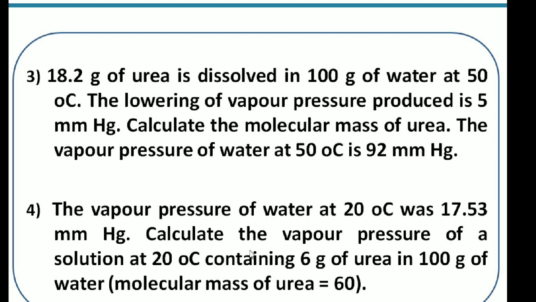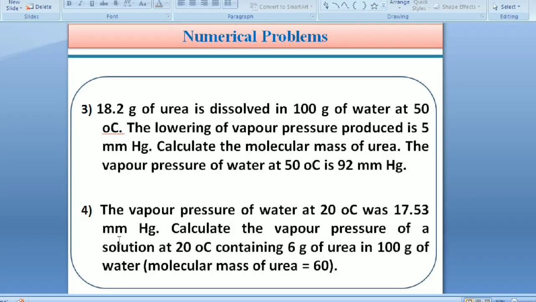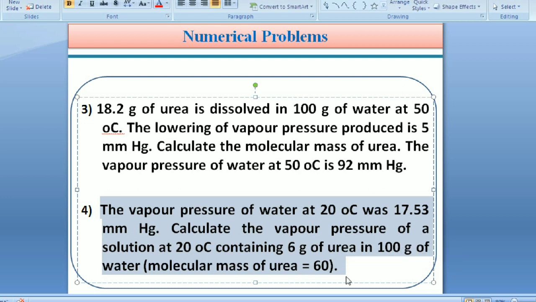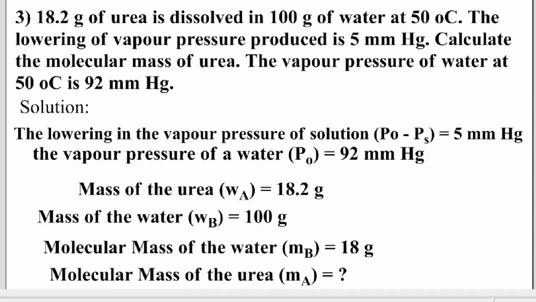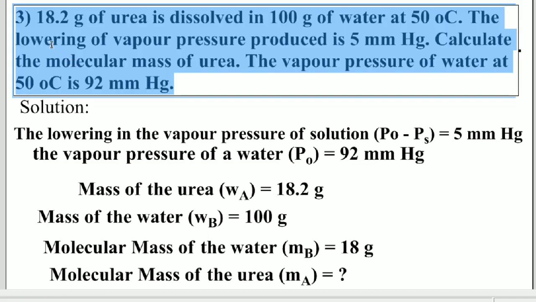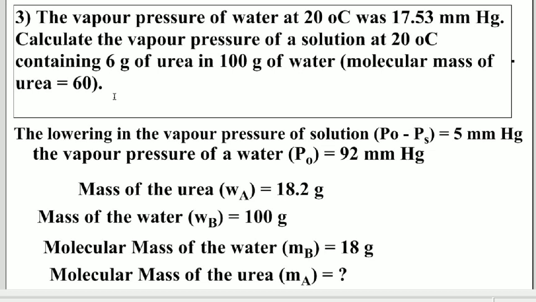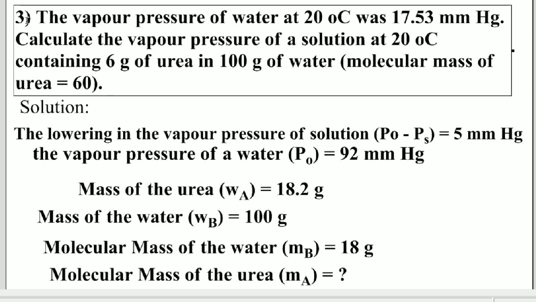So we should find the vapor pressure of the solution, that is Ps, in this problem. First we write the given problem. This is our problem number 4.